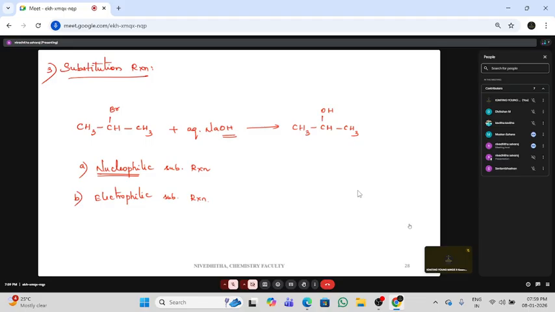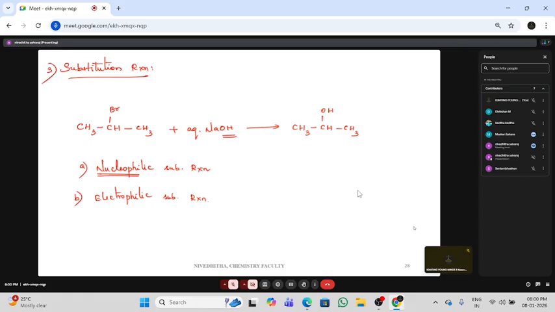Electron rich, ma'am. Yes. So from my substrate, any electron rich group will be replaced with any electron rich group from the reagent. That is nucleophilic substitution reaction. Similarly, from my substrate, any electron deficient group will be replaced by any electron deficient group from this reagent. That is electrophilic substitution reaction.